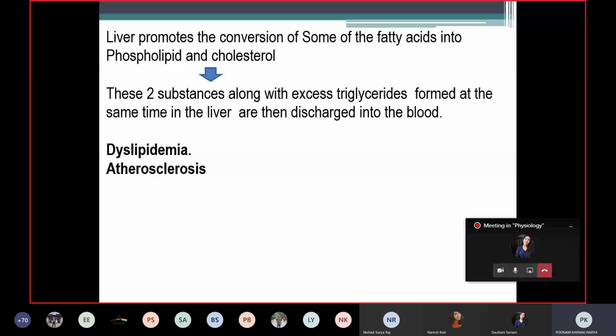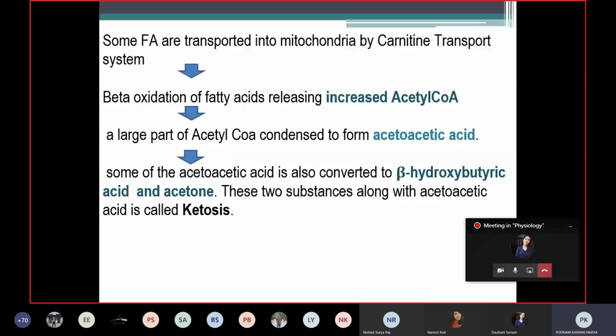And the second pathway was, if you remember, after the breakdown of triglyceride into fatty acid, some of the fatty acids can go to mitochondria by the carnitine transport system. In the mitochondria, what happens? There will be beta oxidation of the fatty acid and it will release increased acetyl-CoA.